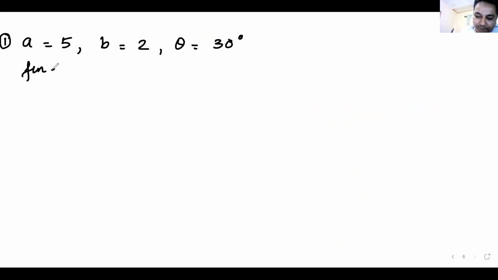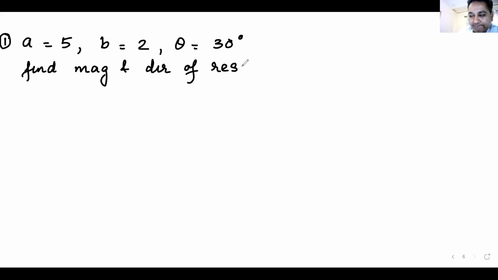Okay, here comes a question based on this. The magnitude of A vector is 5 units. The magnitude of B vector is 2 units. The angle between them is say 30 degrees. Find the magnitude and direction of the resultant vector.